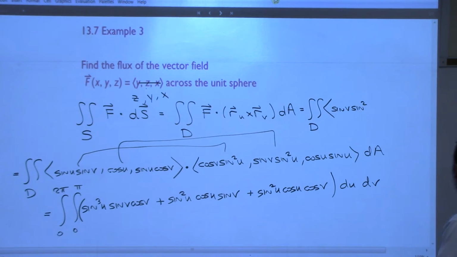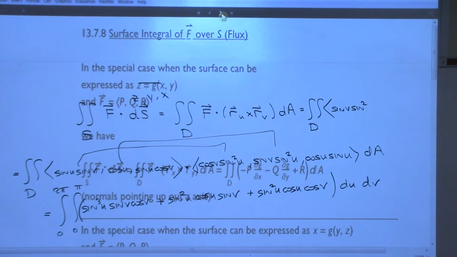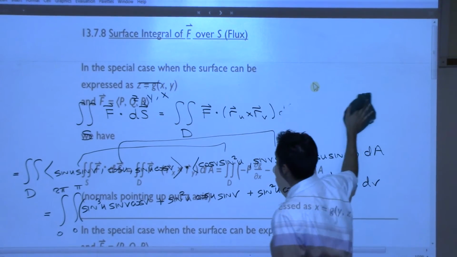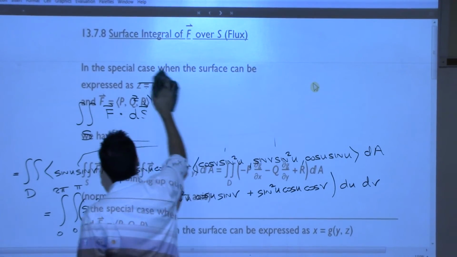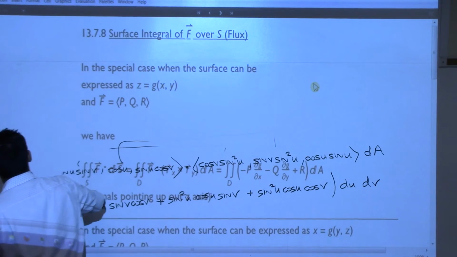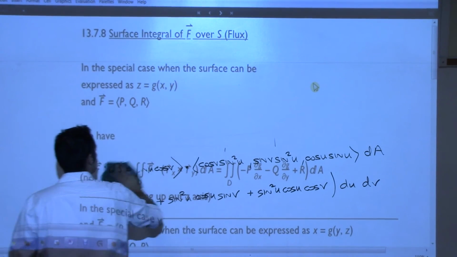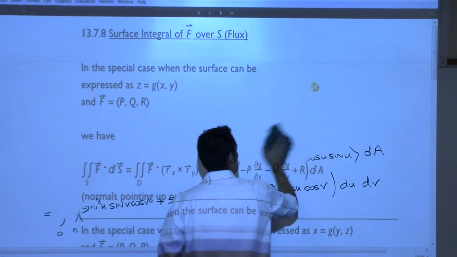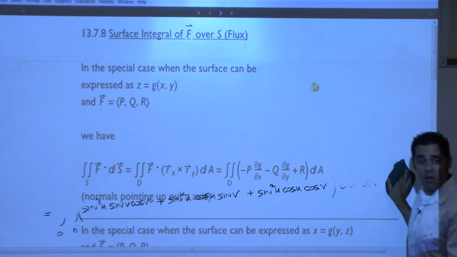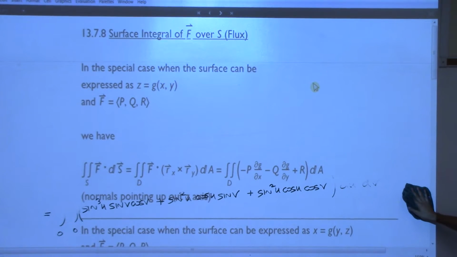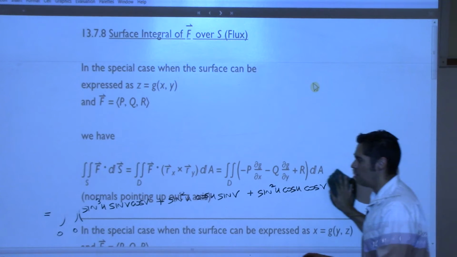All right, let's look at what's next. We have some special cases when we do flux. There's nothing that says that when you compute the flux of something that the surface has to be closed. Your surface does not have to be closed.